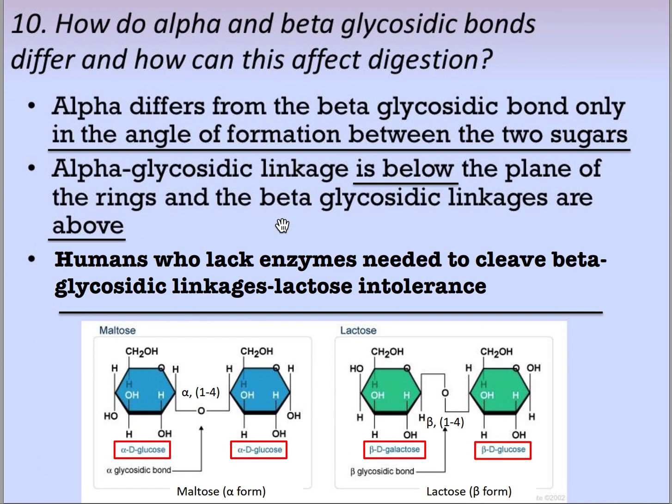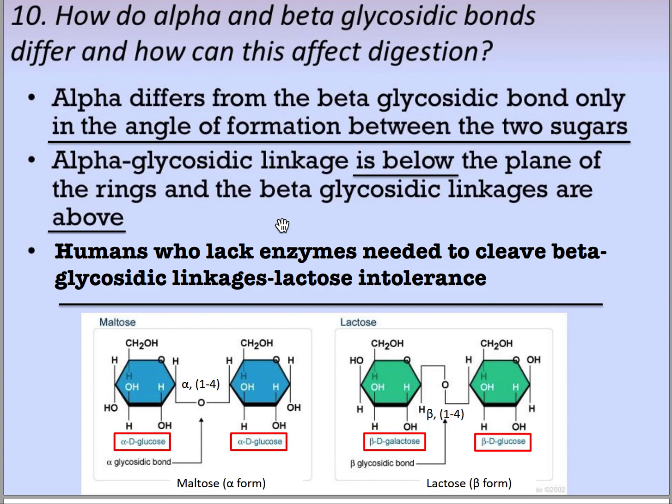So how do alpha and beta glycosidic bonds differ, and how can this affect digestion? Alpha differs from beta glycosidic bond only in the angle of formation between the two sugars. Alpha glycosidic linkages are below the plane of the ring and beta glycosidic linkages are above. Humans who lack the enzyme needed to cleave beta glycosidic linkages suffer from lactose intolerance.